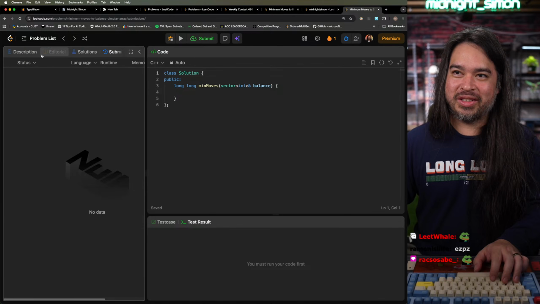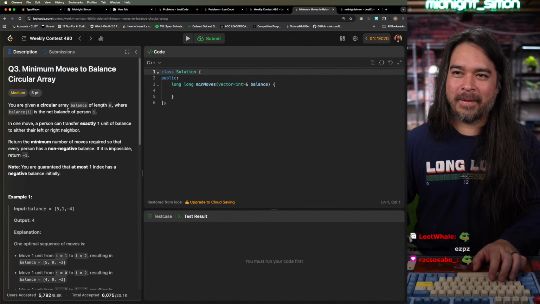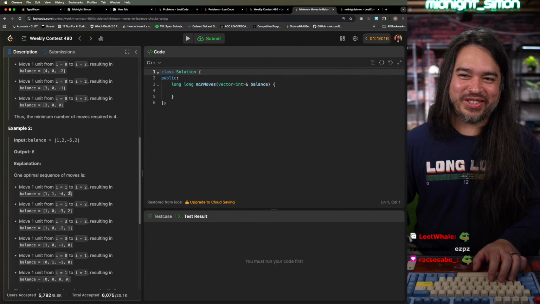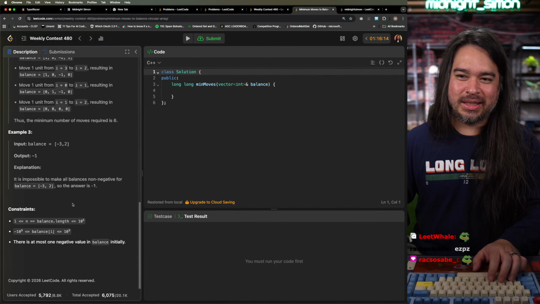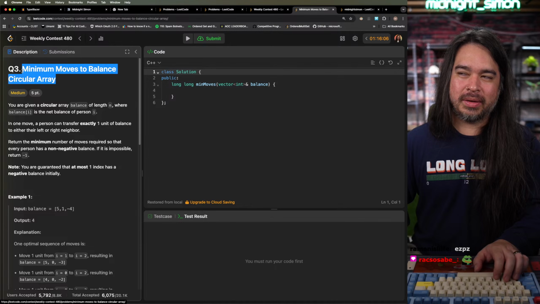Well, maybe I didn't do this. Should I try it? Man, I'm pretty sure I've tried it though. Let me read. Minimum moves to balance circular array. You're given a circular array balance of length n, where balance[i] is the net balance of person i.